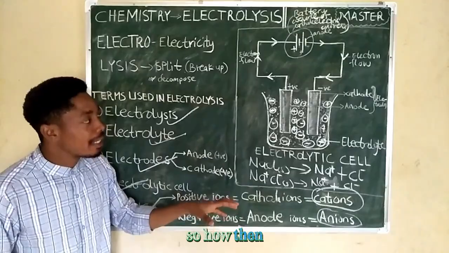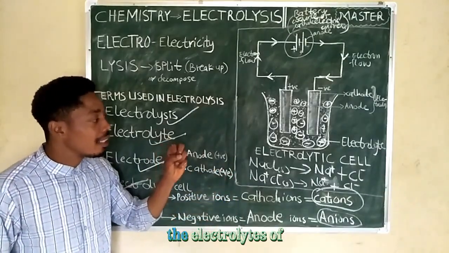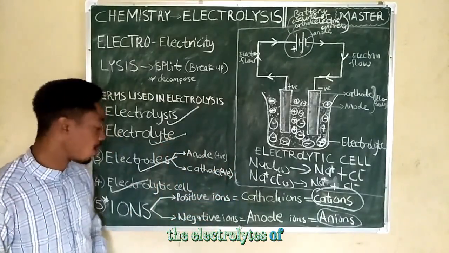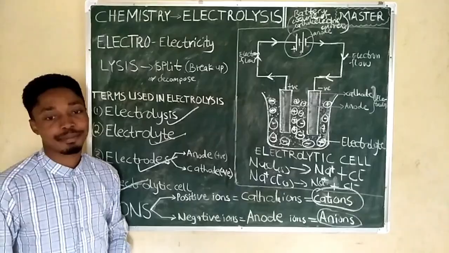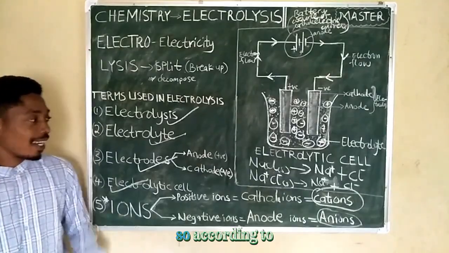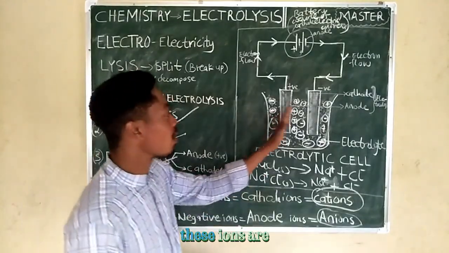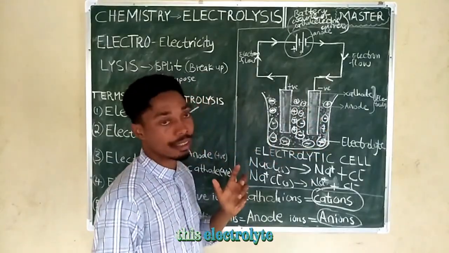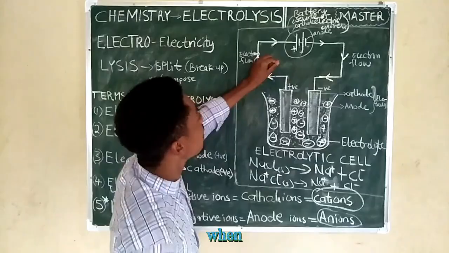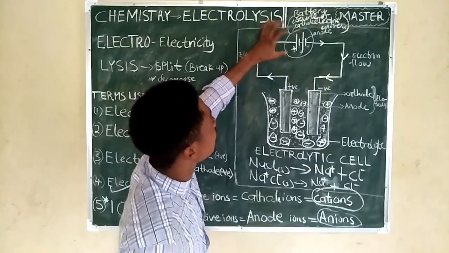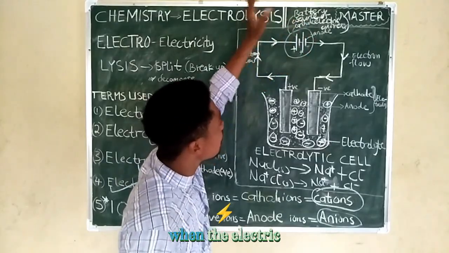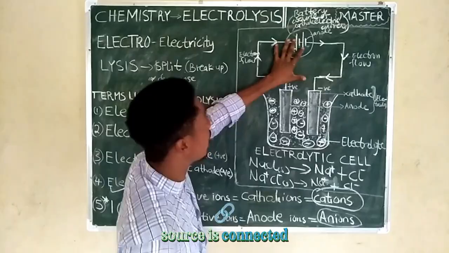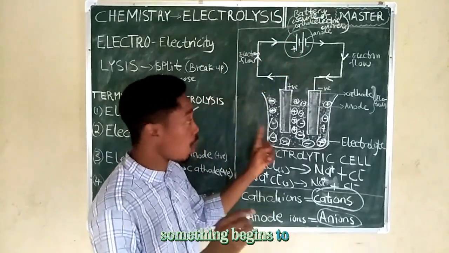So, how then can we capture the electrolysis of a substance? Look at this closely. According to Arrhenius, these ions are just there in the electrolyte. When the electric source is connected, something begins to happen.